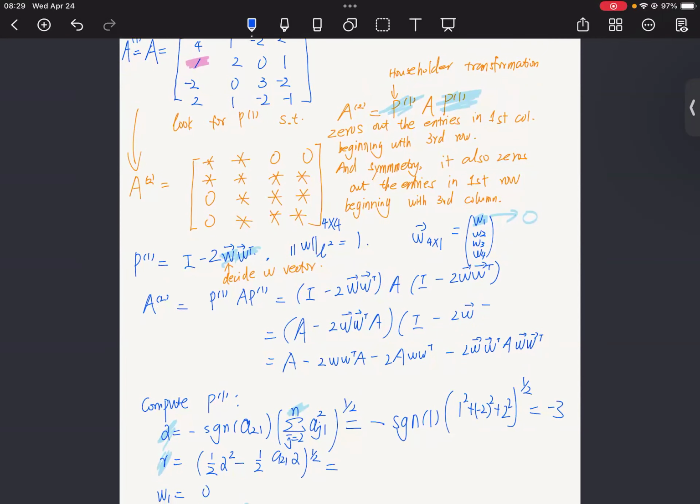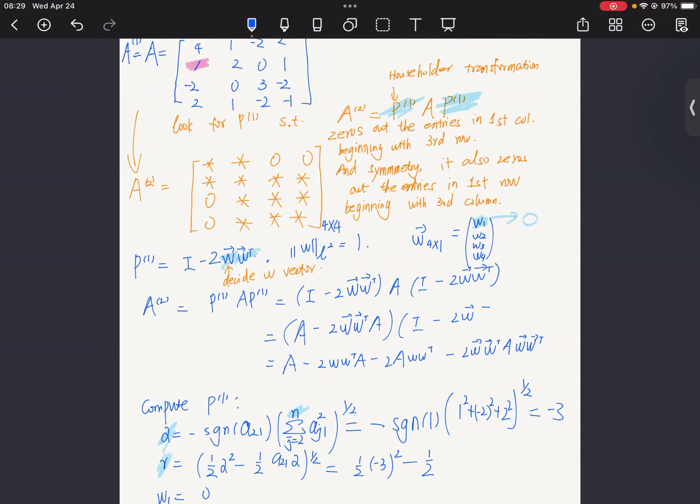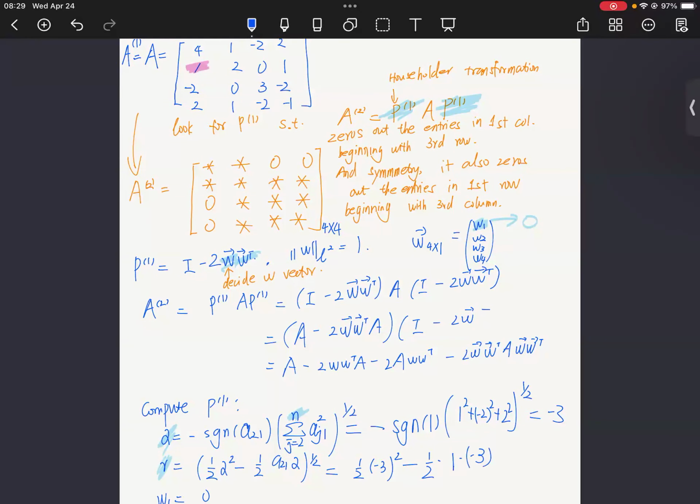Next I got 1/2 times negative 3 squared, minus 1/2 times, and what's A21 again? A21 is just 1, so I have times 1, and alpha is negative 3, and I need to do the square root here, and what I get is just the square root of 6.